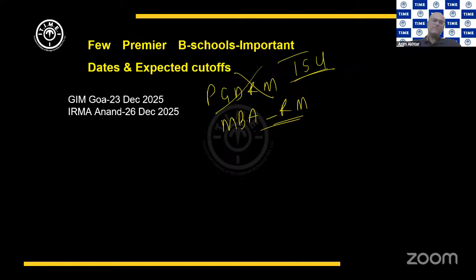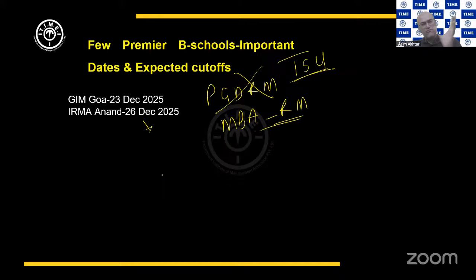Now, as far as IRMA goes, who should apply to this college? Number one, you should have an interest in rural management. You should have an interest to work in those sectors that are directly or indirectly related to the rural sector. So dairy companies, agribusiness product-based companies, fertilizer companies, NGOs, and of course rural banks.